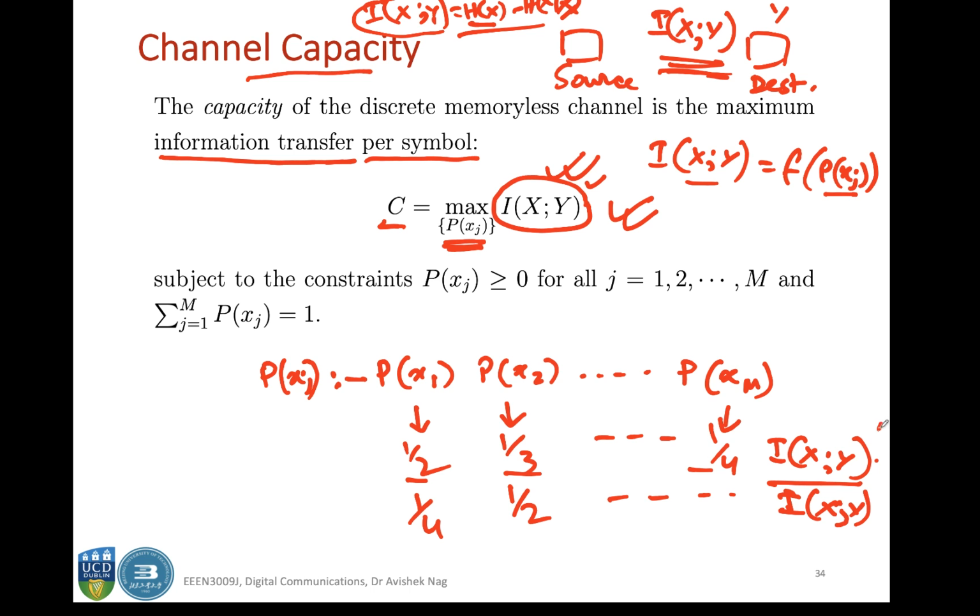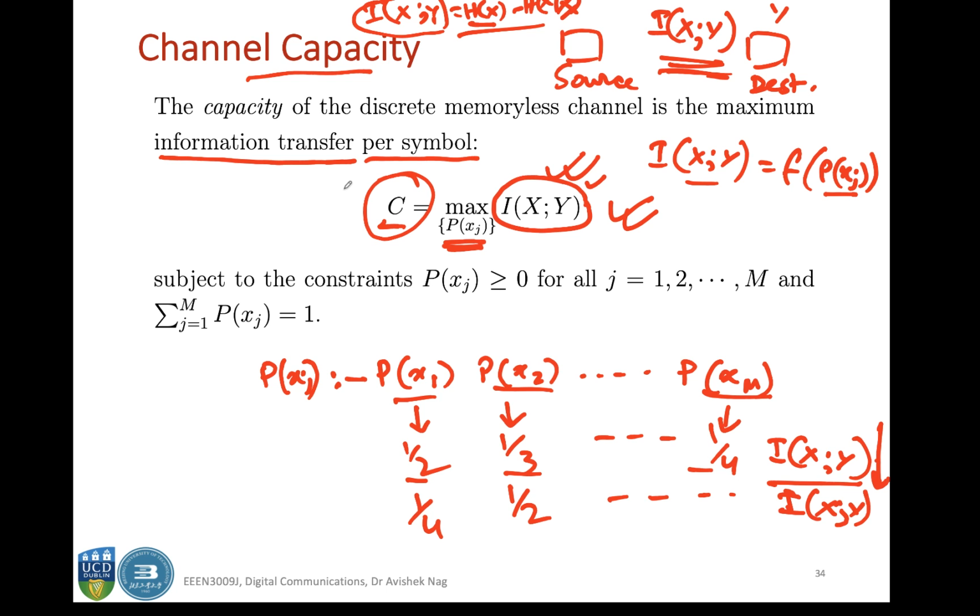So you look up all the values of I of x semicolon y based on whatever values the input probabilities can take, and then you can find out which values of the input probabilities give the maximum value, and that maximum value is actually the channel capacity.